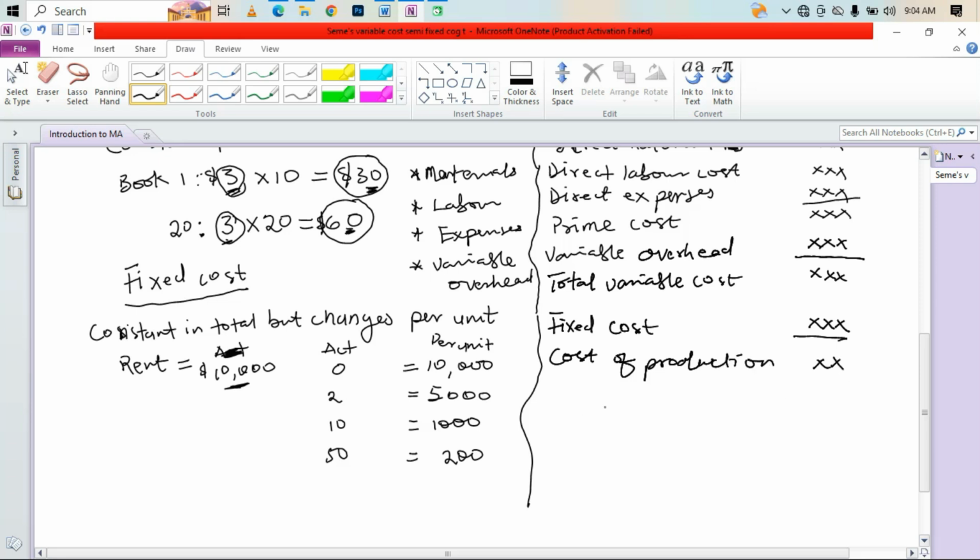Then we move to the non-production cost.